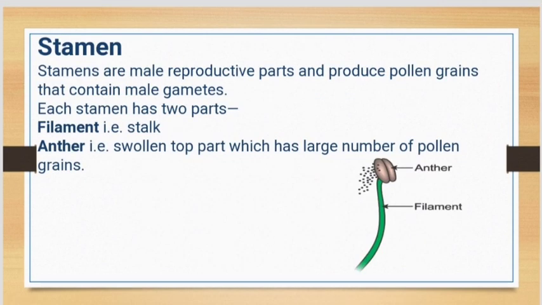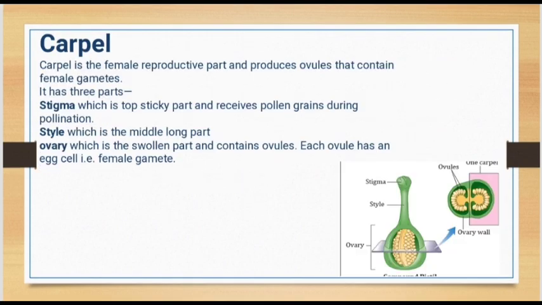Stamen. Stamens are male reproductive parts and produce pollen grains that contain male gametes. Each stamen has two parts, a filament that is a stalk, and an anther, a swollen top part which has a large number of pollen grains. Carpel. Carpel is a female reproductive part and produces ovules that contain female gametes.